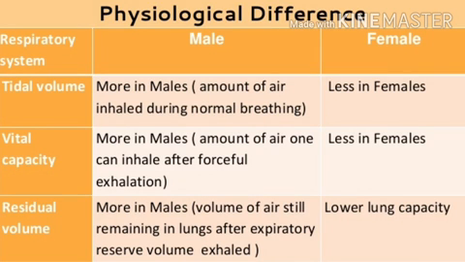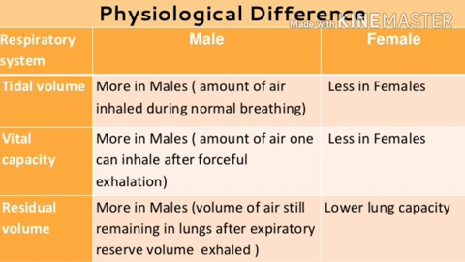Now we will talk about the physiological differences in the respiratory system. First is tidal volume. Tidal volume is more in males. What is tidal volume? The amount of air inhaled during normal breathing.